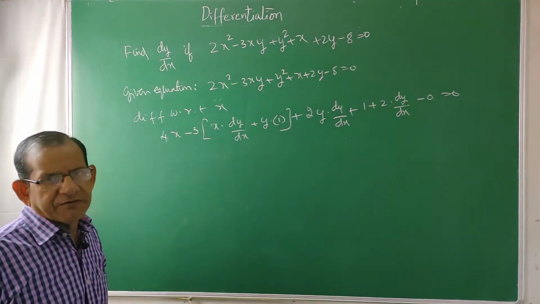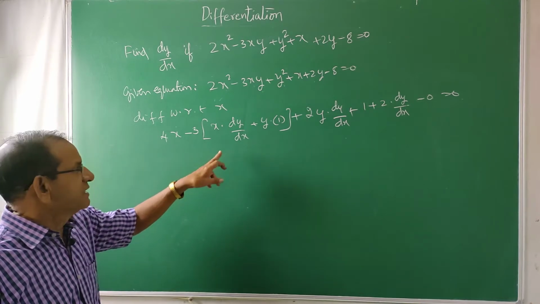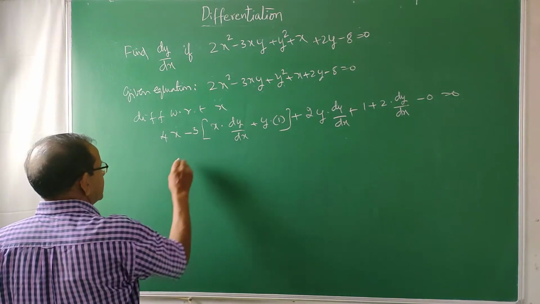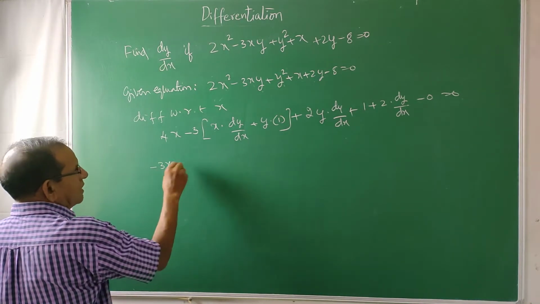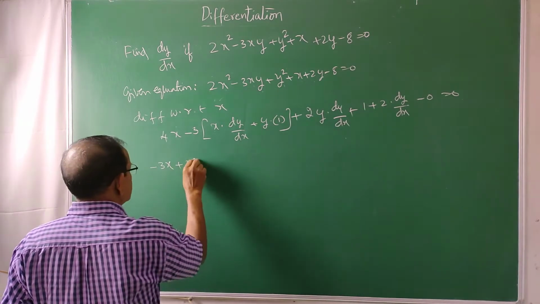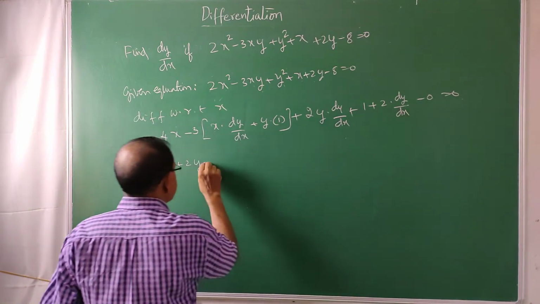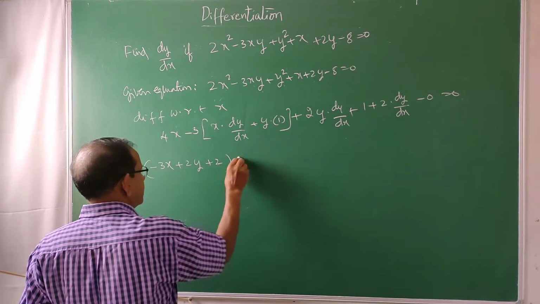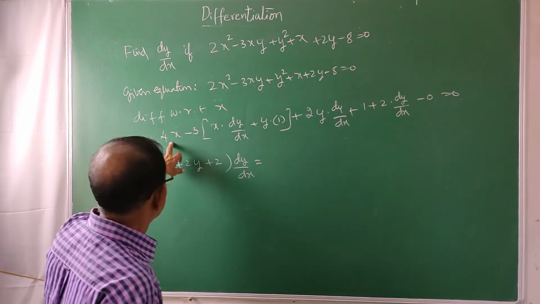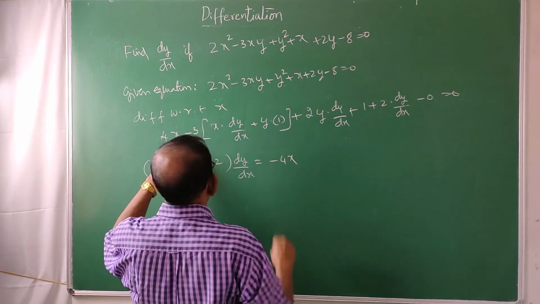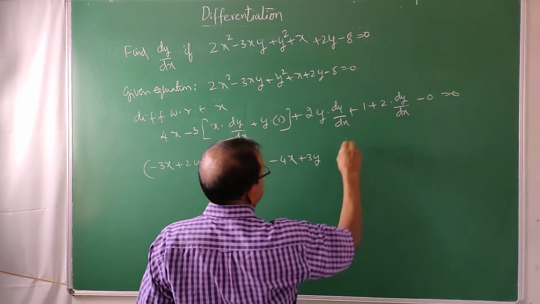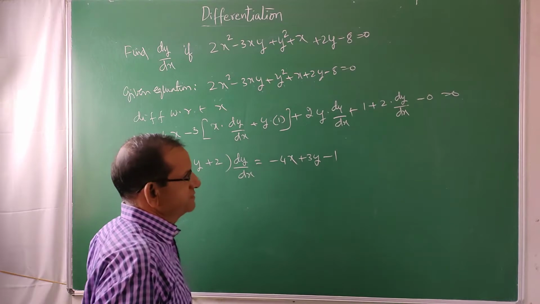Because we want to find out dy by dx, collect all the terms which are having dy by dx on the left side and bring the other terms to the right side. First minus 3x into dy by dx plus 2y into dy by dx plus 2 into dy by dx, and other terms you have to keep on the right side. 4x will become minus 4x on the right side and minus 3y will become plus 3y on the right side, and plus 1 is there, it will become minus 1 on the right side.